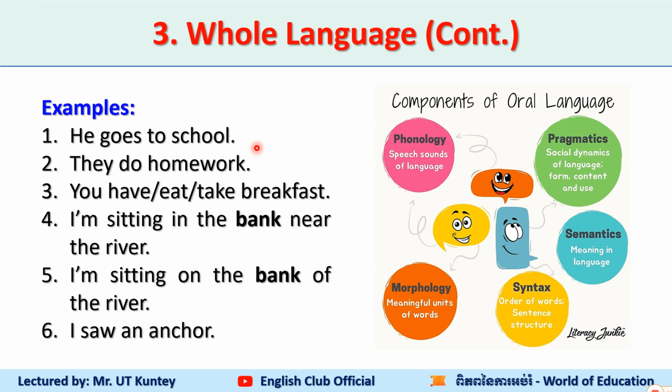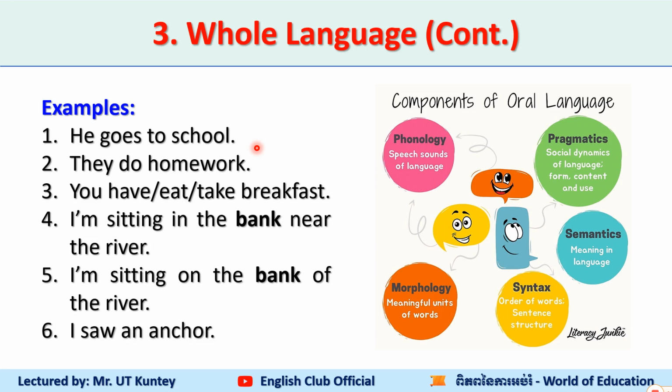Whenever we use it with the third person singular, he, she, it, we have to add es, because the word go ends with the letter O. So all those verbs that are used with third person singular, he, she, it, or the name of a person, we have to add es. So when we analyze a sentence like this, this is the whole language of syntax. You get it? What I mean?